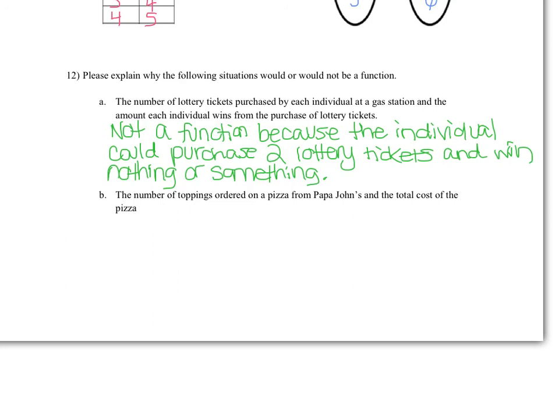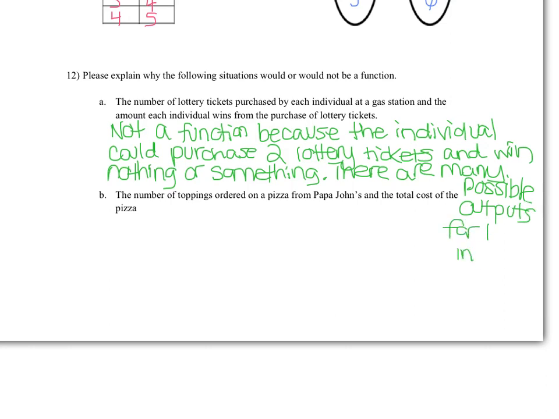So there are many possible outlets. Sorry for my handwriting. Many possible outlets, sorry, I definitely didn't mean that. I meant outputs. Many possible outputs for one input, which is not a function.